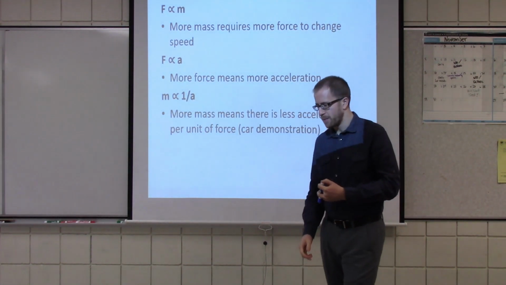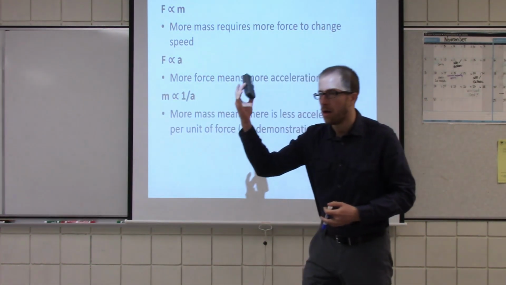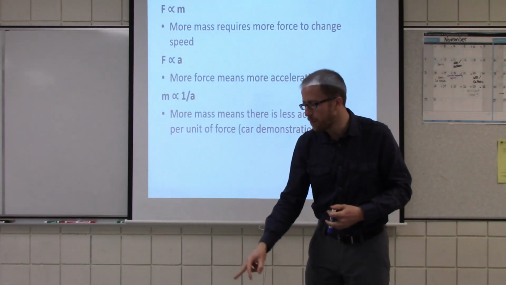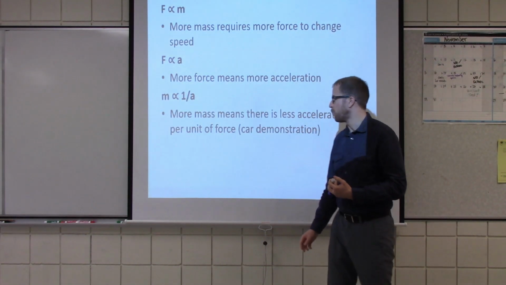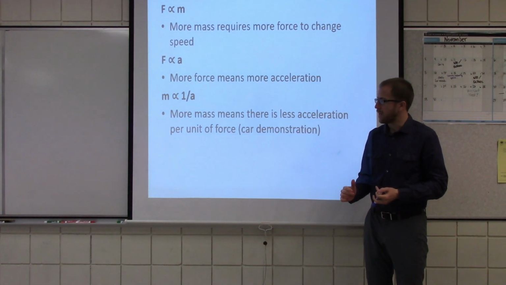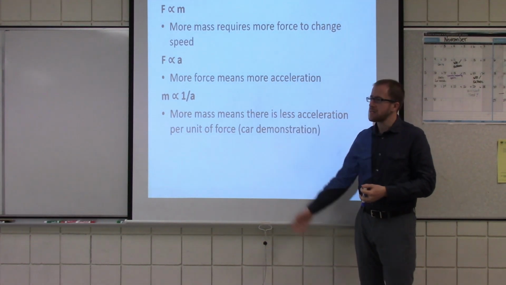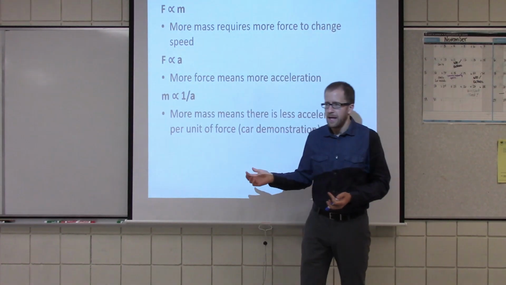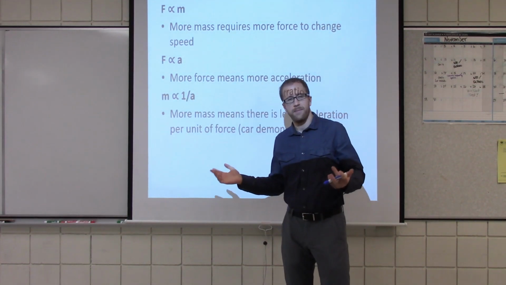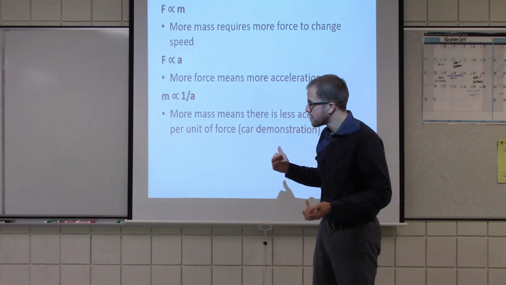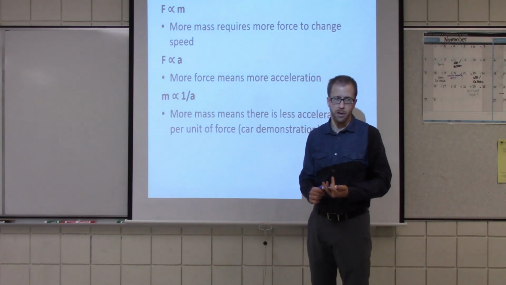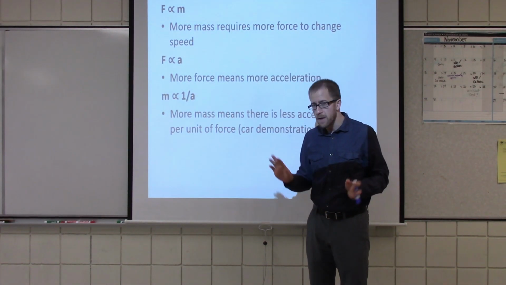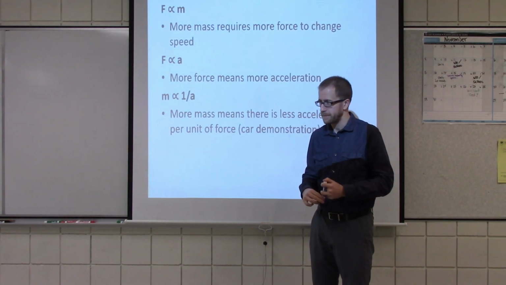Whereas something as simple as my eraser here, it doesn't take much force to get it to accelerate. So if I doubled the mass of my object, I will half the acceleration. And if I half the mass, I will double the acceleration of my object, given the same force, of course.